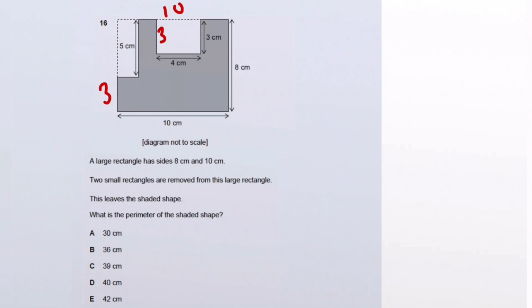And thus we have all the information we need to help us find the perimeter. So we can write our simple addition as 10 plus 10 for the 2 side lengths, plus 5 plus 3 for the sides here, plus 8 for the overall side length, and then plus 3 and another 3 for the inner lengths.